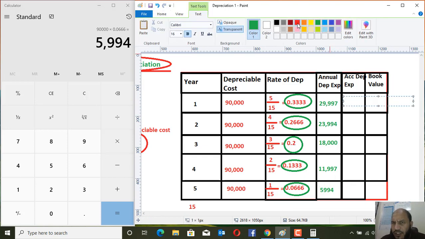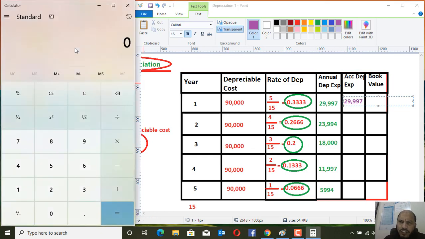Dear students, this is year 1, so the year 1 accumulated depreciation expense is the same value that we have in year 1, but for year 2 it increases. We had 29,997 for year 1, and now we add the next year's depreciation expense, which is 23,994.